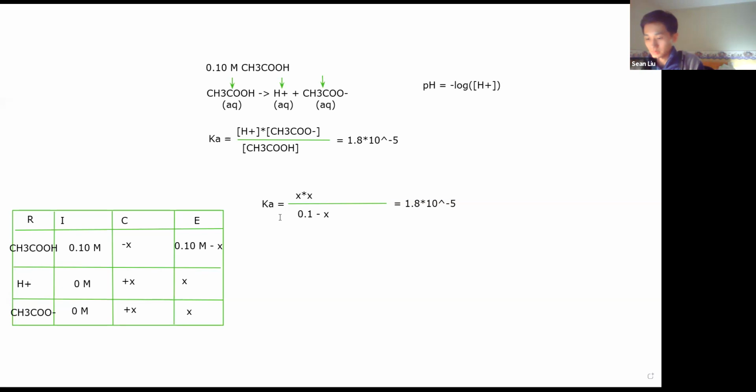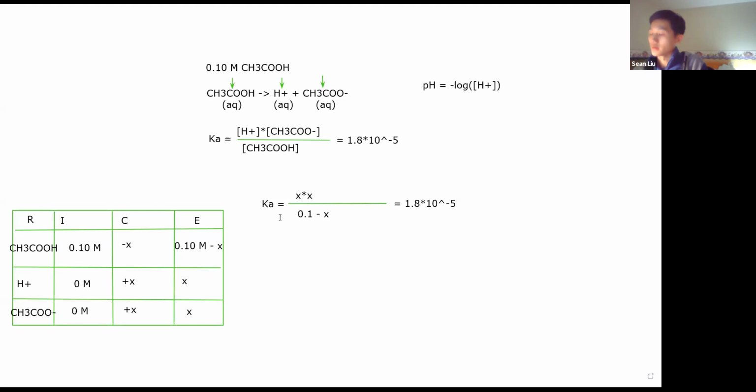My calculator has an equation solver functionality, so I'm quickly going to use that instead of wasting a lot of time trying to solve the quadratic myself. What I got is X is 1.33 times 10 to the negative third.